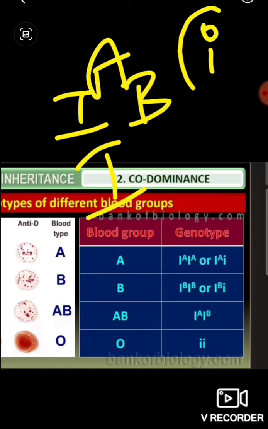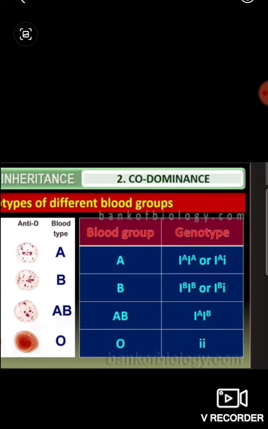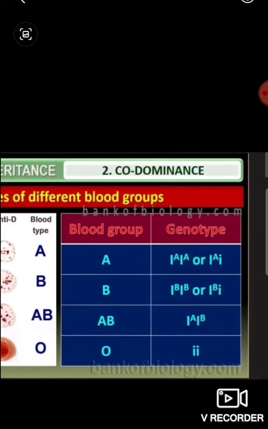Only small i is the recessive allele. For blood group A, there may be IA IA, or IA and small i, because A is dominant. And even blood group B might be IB IB, or IB and small i.